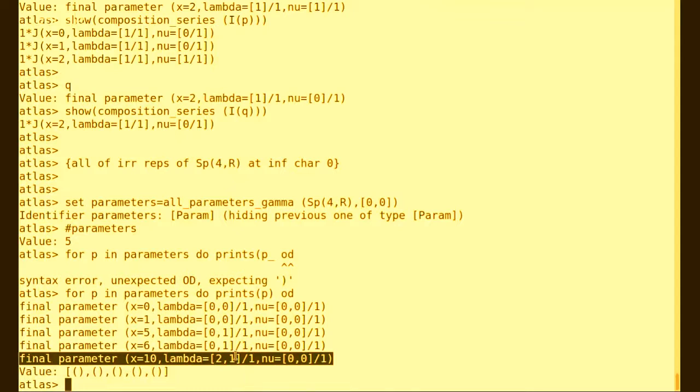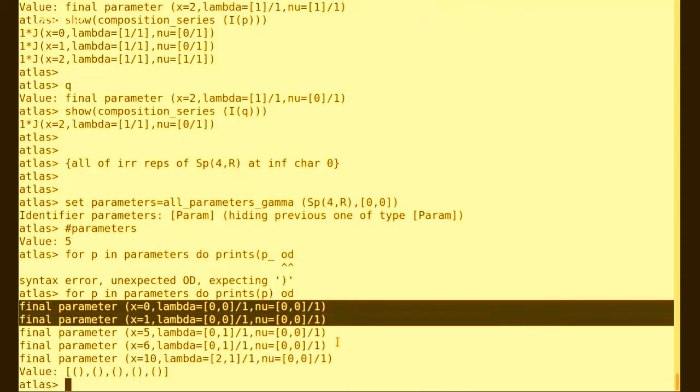And similarly here, you have some non-trivial lambdas. And then up at the other end, there are these 2 representations. Well, these are the 2 limits of discrete series. It turns out that SP4 has 4 discrete series, exactly 2 of which give you representations with infinitesimal character 0.